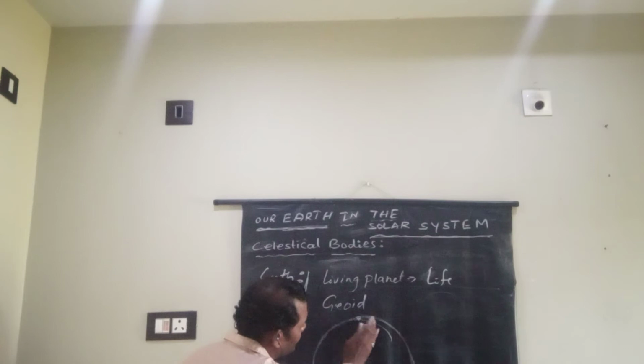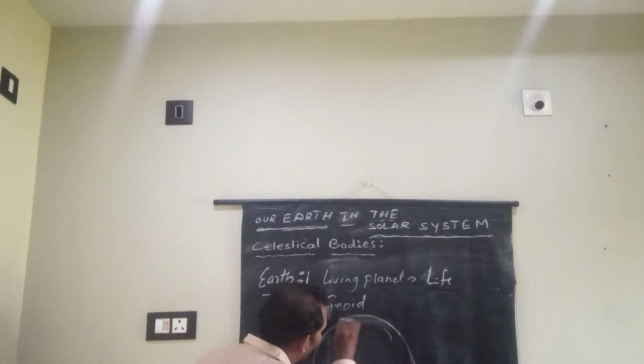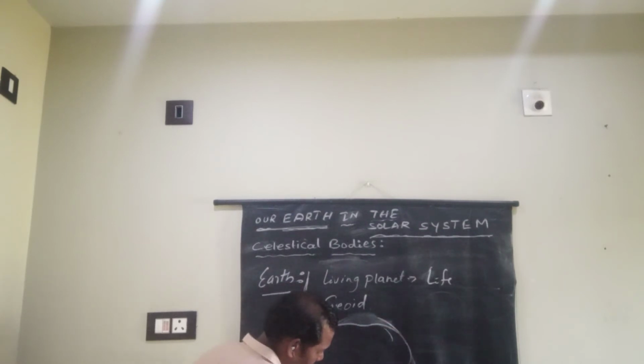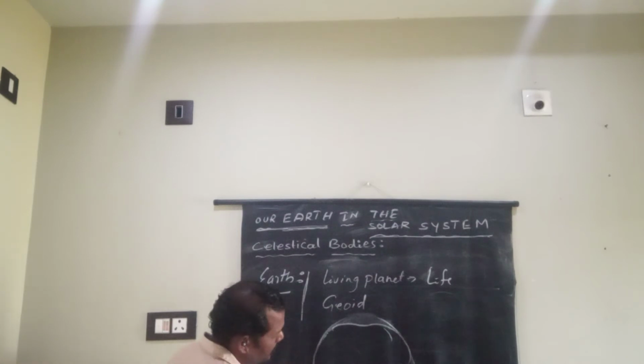That means the earth is not perfectly round like this, but like this. This is the original shape of the earth.